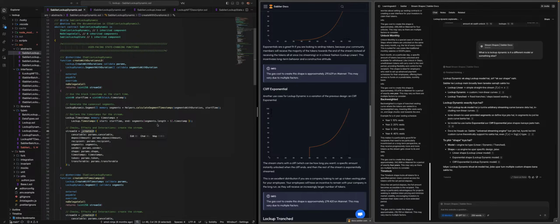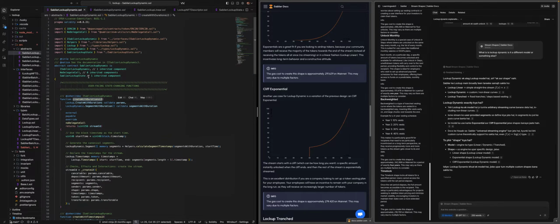Okay. So create. And let's start on doing create with duration. LT lockup dynamic.